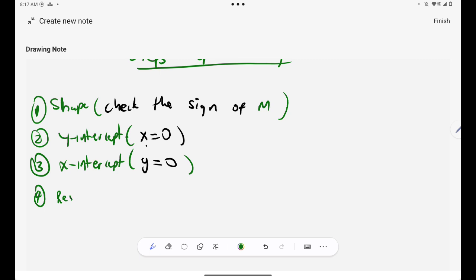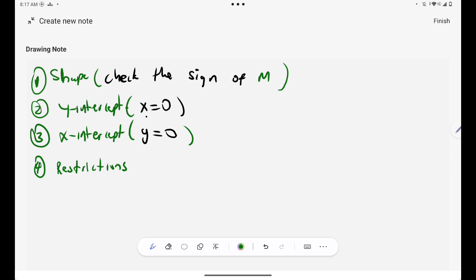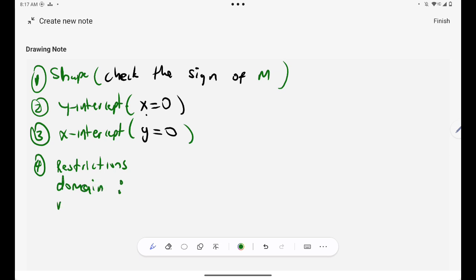Lastly, in our case, dealing with a straight line graph is simple because you don't have restrictions. So please note that whenever they ask you about the domain of a linear function and the range of the linear function, the domain of a linear function, you just answer x is an element of real numbers.